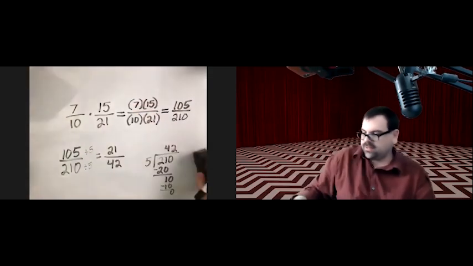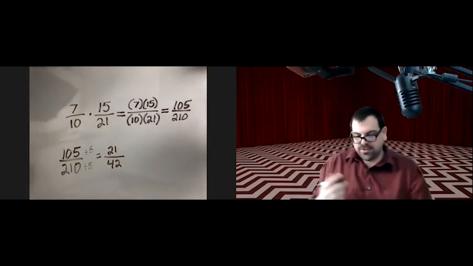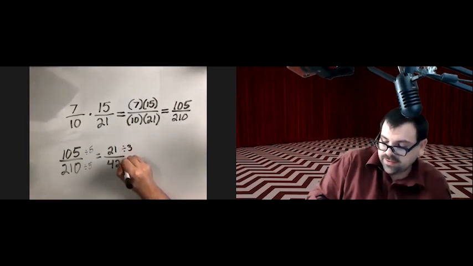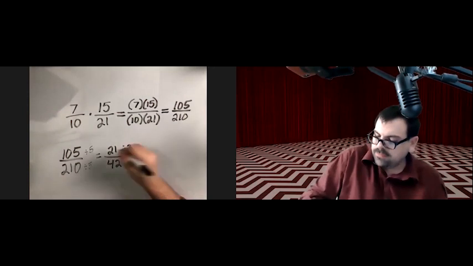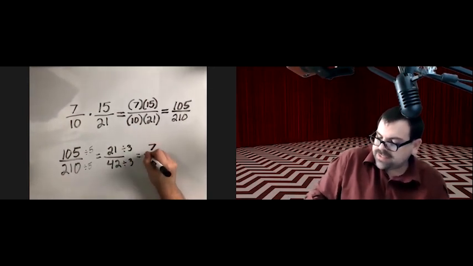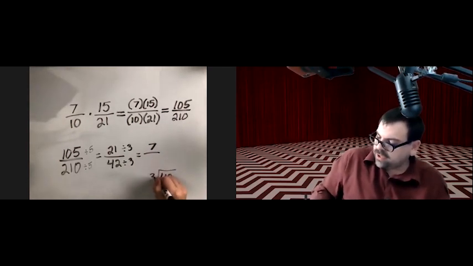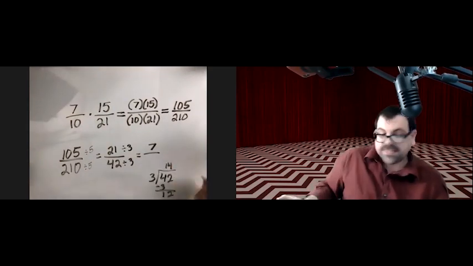And you know what? Now I can see it. But just in case you can't, that's fine. Let's say maybe divide top and bottom by 3. There are other numbers that'll work, that'll get us farther along. 21 divided by 3 is 7. 42 divided by 3 is 14.